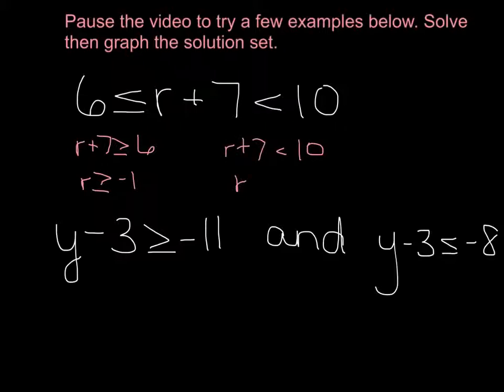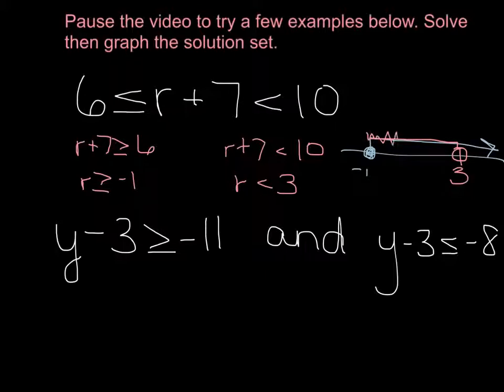So that means r is less than 3. So what this means is you have your negative 1 and your circle is filled in, and so it's all the numbers to the right of that. But you have 3 and it's not including the 3. So it's all the numbers between negative 1 and 3, including negative 1.